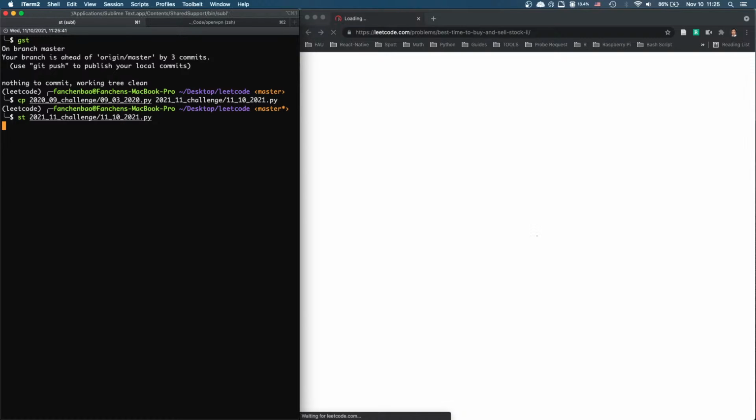It seems like I need to restart my laptop. Jeez, it's so slow. Unbelievably slow. I can't even open my Sublime. That's ridiculous. Come on.